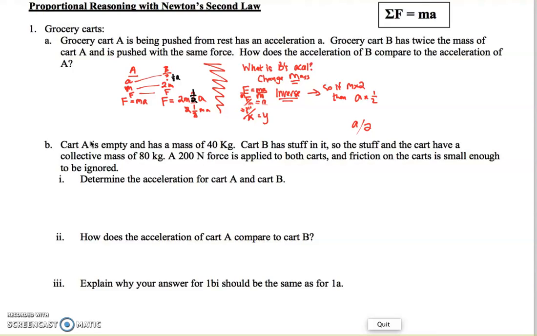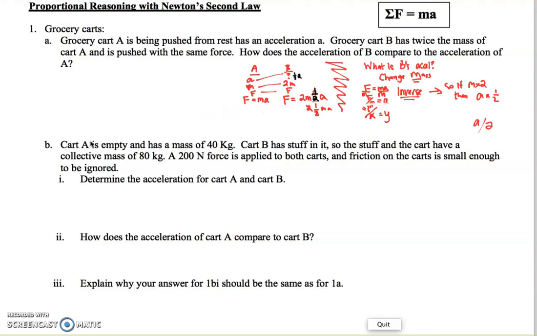So you could do that by, let's actually grab all of this and move it over. Sorry. So some students would go ahead and assign numbers. And you could say, well, I've got cart A and cart B. And this does work.